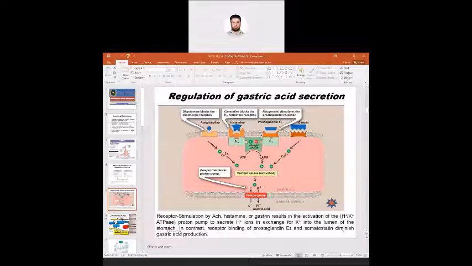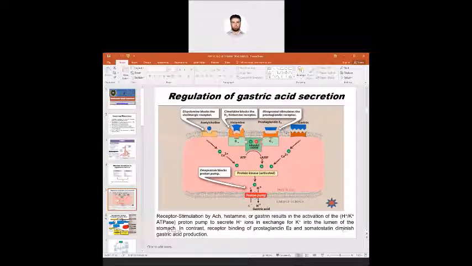Next is the prostaglandin E2 receptor, number three. And this receptor is, as we said, a cytoprotective receptor. It means the more prostaglandin binding here, the less gastric acid is produced, because you can see here there is a minus.